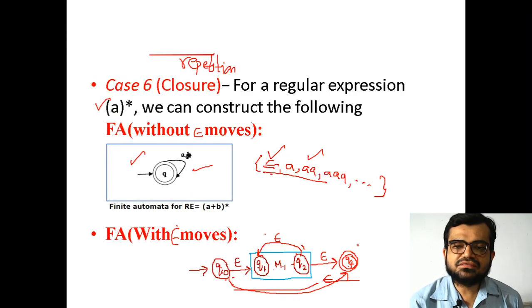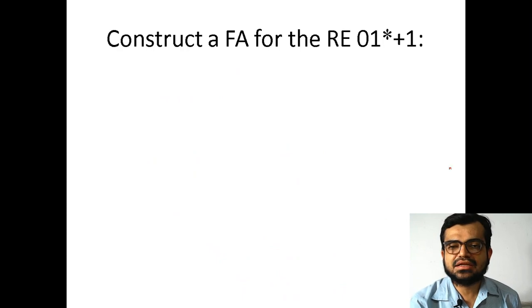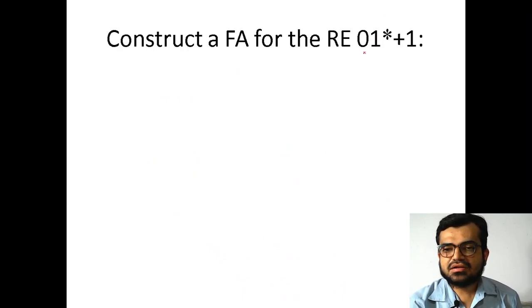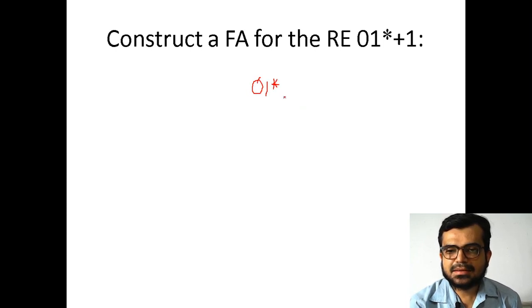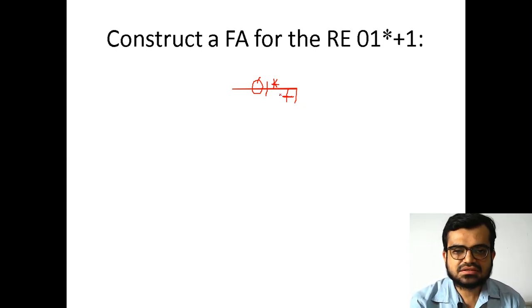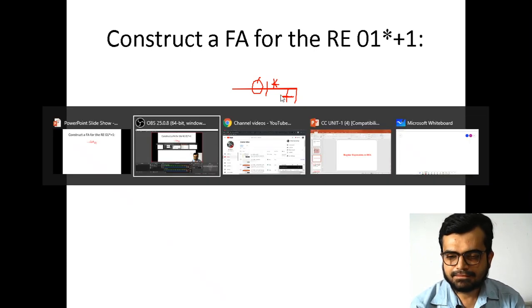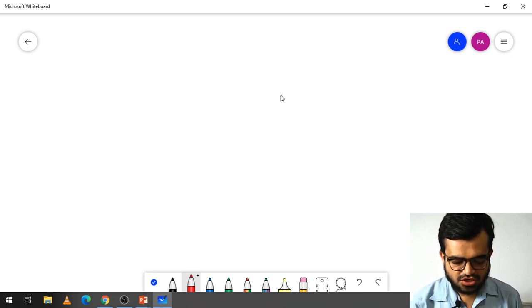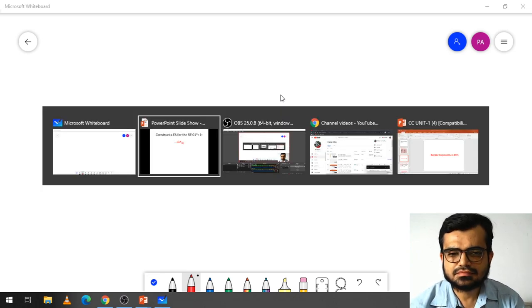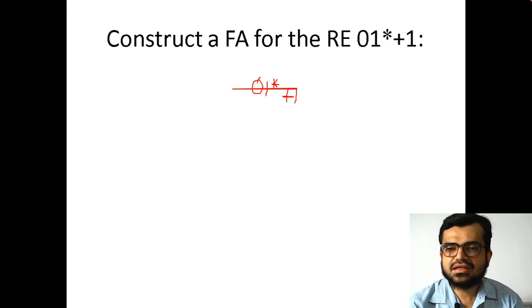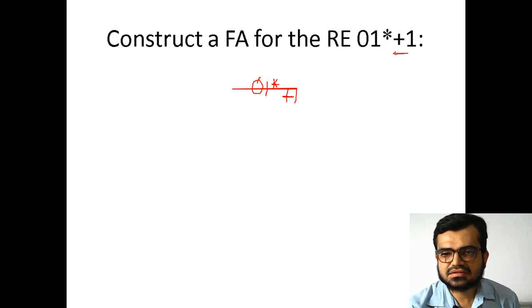Now the next thing is, we have to take an example here. The example is 0 1 star plus 1. We will see how we construct it. If you see the expression, first is plus.